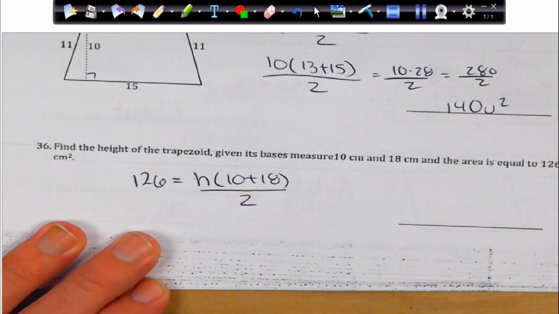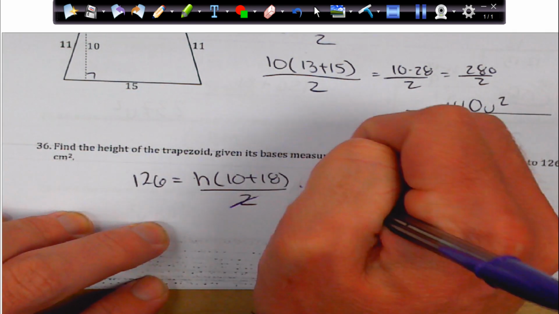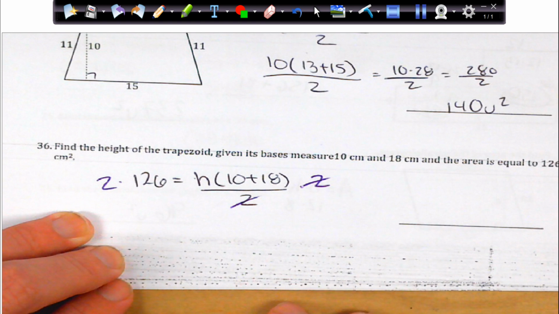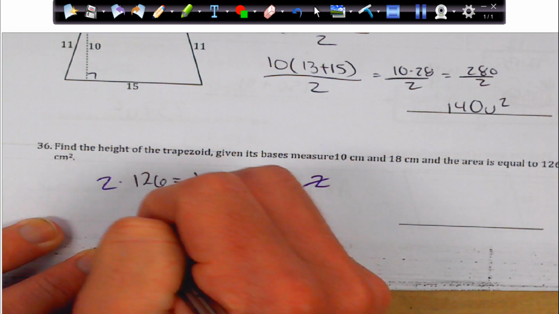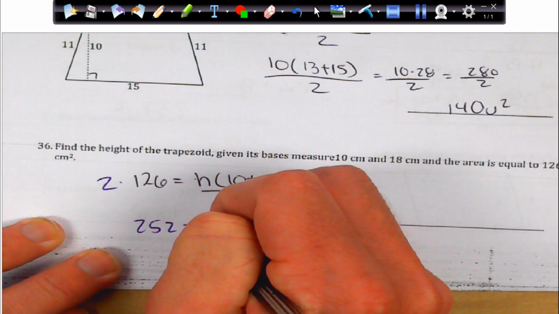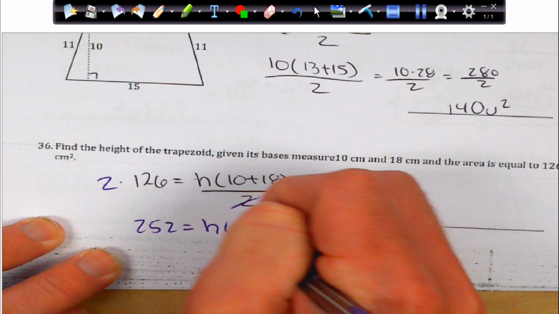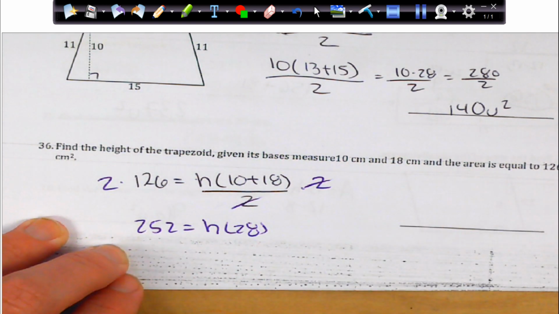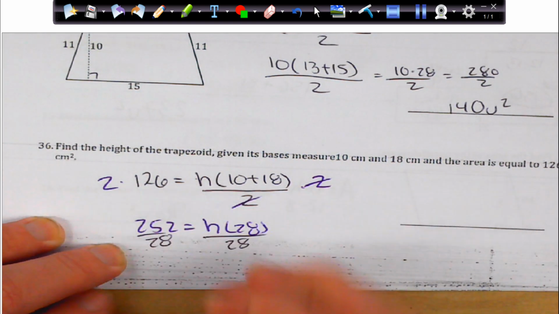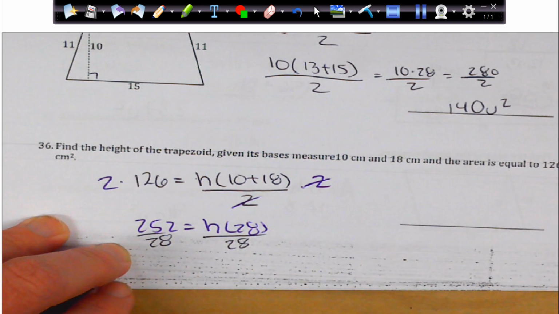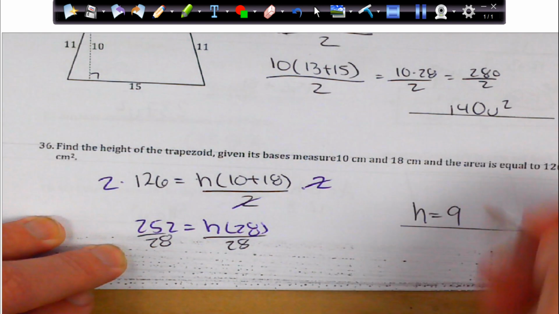So first things first, I want to get rid of that 2, so I'm just going to multiply it out. 2 times 126 is 252. And then H times, just combine those, that's 28. So just divide by 28. And we do that, and we get H is equal to 9.